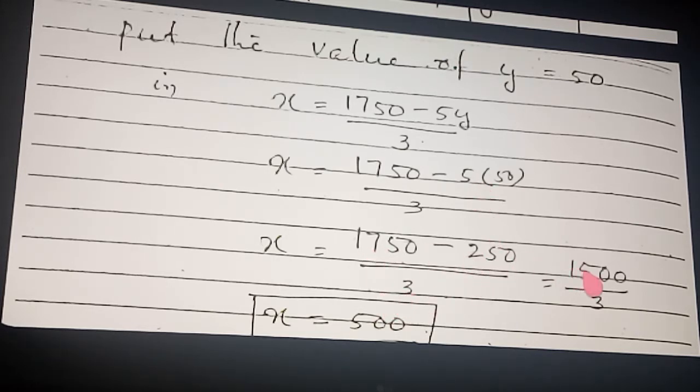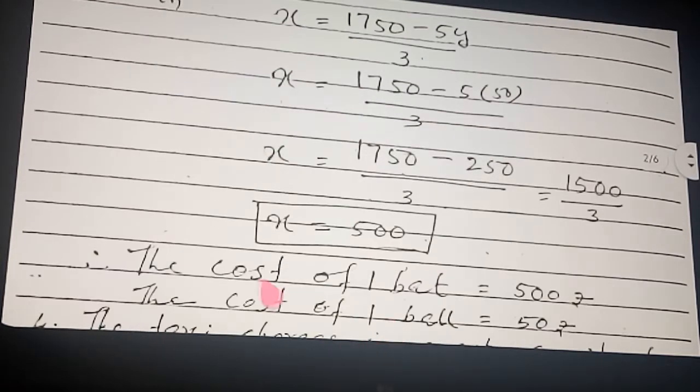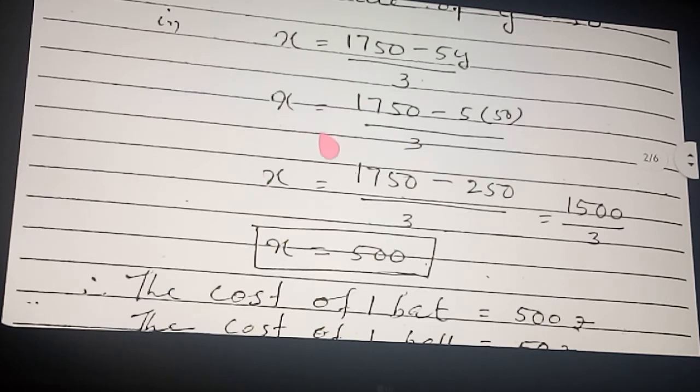Subtracting, what are you getting? 1,500 by 3. Therefore, the value of x, how much did you get? 500. Therefore, the cost of one bat is equal to 500 rupees and the cost of one ball is equal to 50 rupees. Okay, copy it. Copy, all of you.